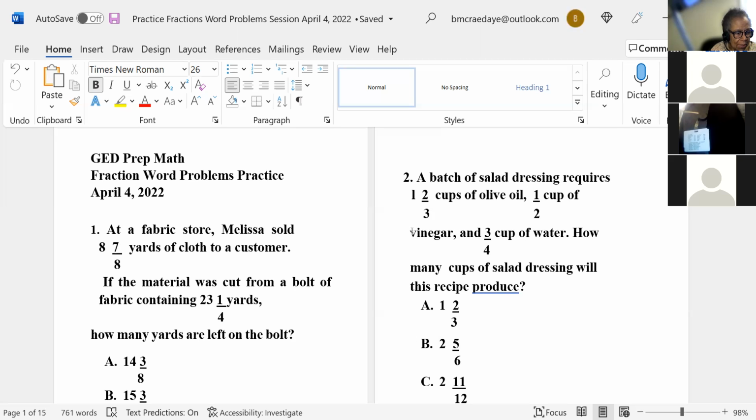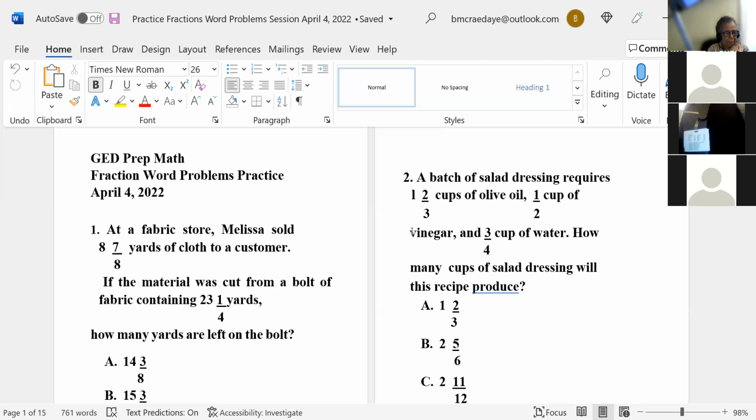In other words, she sold so many yards to a customer, and the cloth was cut from a bolt of fabric containing 23 1/4 yards. Our question is, how many yards are left on the bolt?